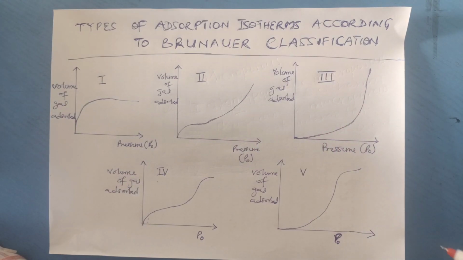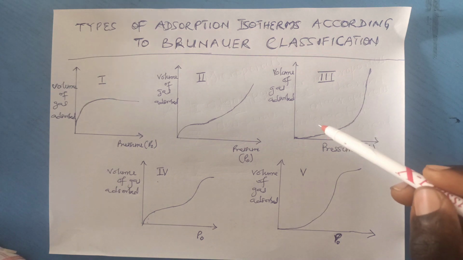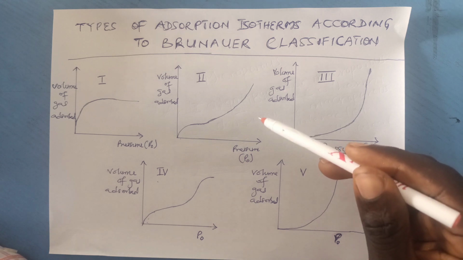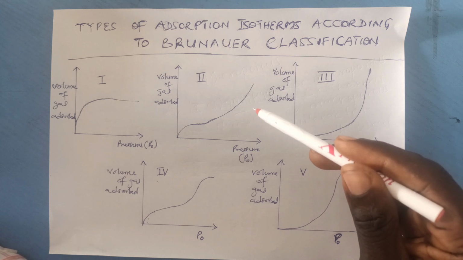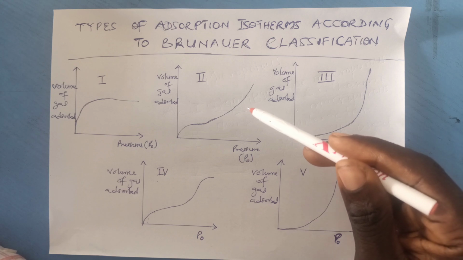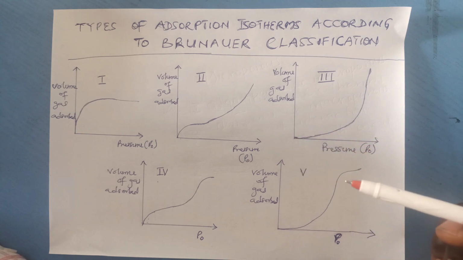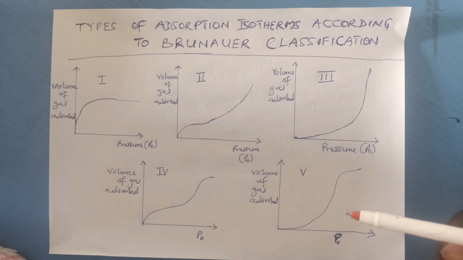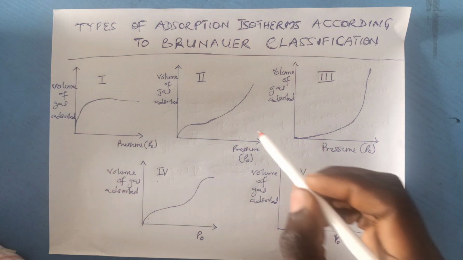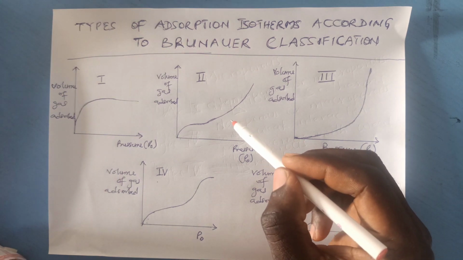So kindly understand that. And then the type 2 adsorption isotherm explains the non-porous or macroporous adsorbent. That means most times when you use an adsorbent that is macroporous in size, you may be bound to have this type of adsorption isotherm.